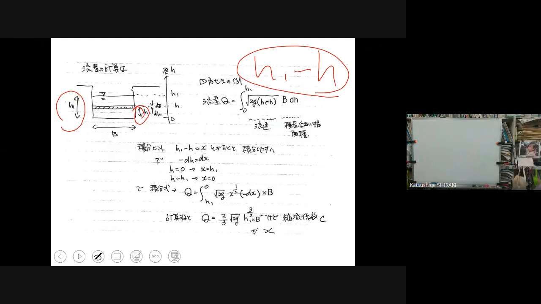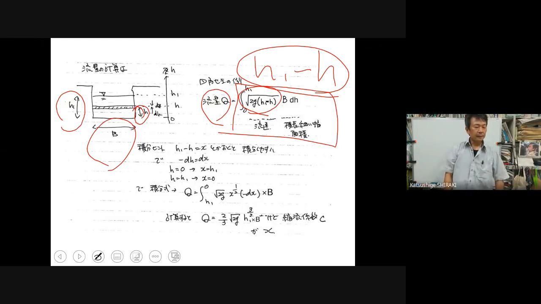So we can say the velocity at the height h is like this, and the width of this rectangle is large b. So we can integrate to get the total runoff rate like this.